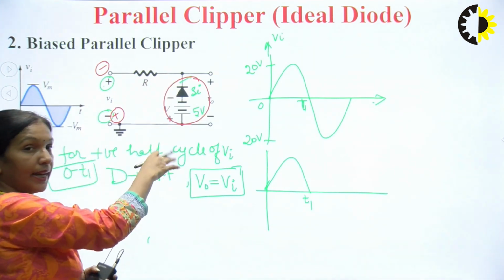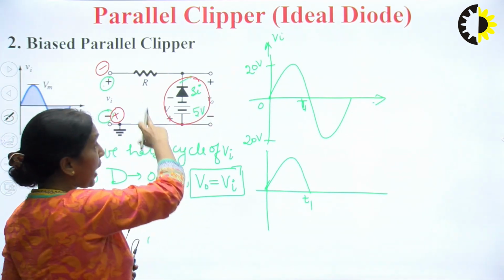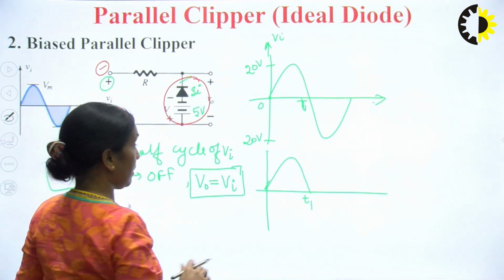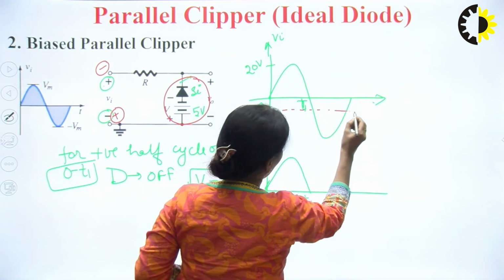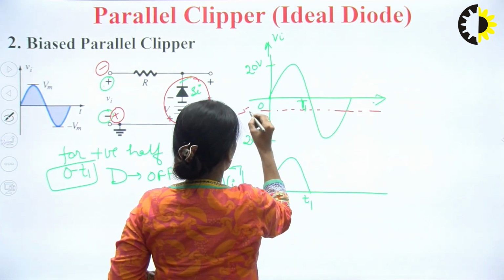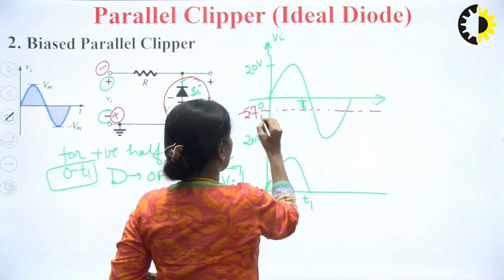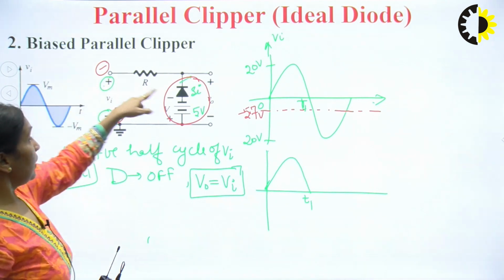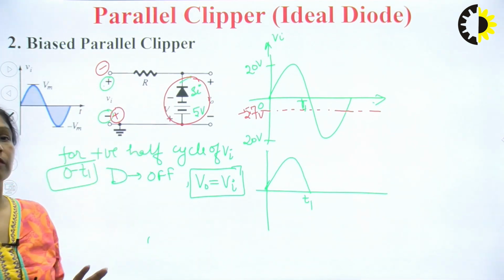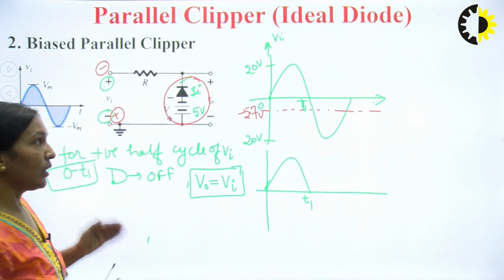So in this particular example, your transition voltage is minus 5.7 volts. So I'll draw the transition voltage, that is minus 5.7 volts. Up to that value your diode will remain in the reverse bias state, and after that it will be able to come into the forward bias state.